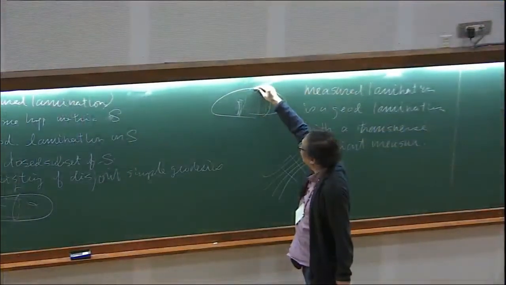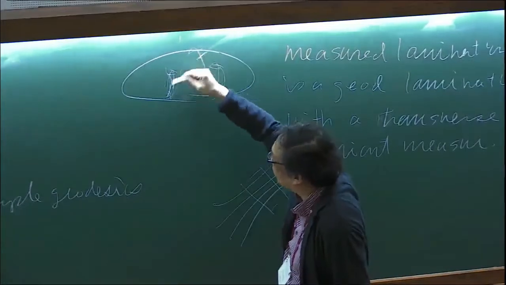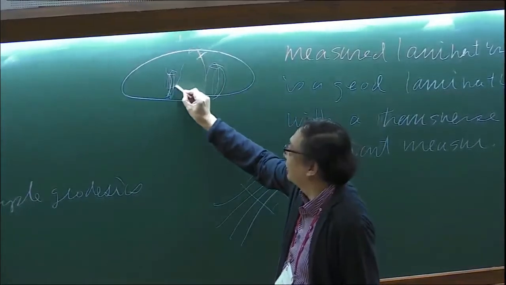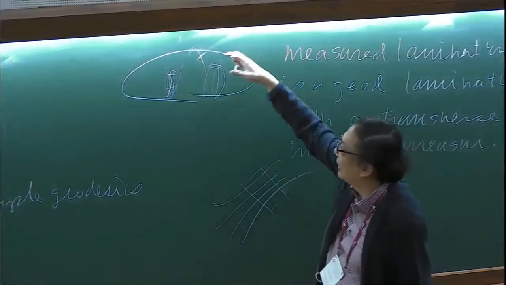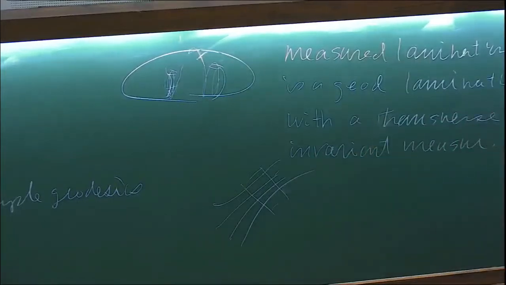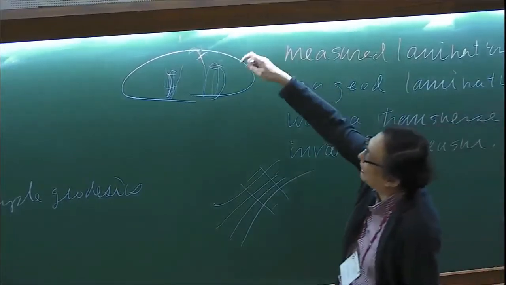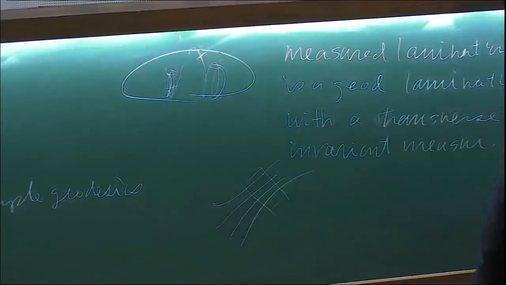But in this case, you cannot define a measure here, because if you put a Dirac measure there, then because the leaf spirals around, the measure diverges. So this type of leaf cannot be inside the support of the measure. To define the transverse measure, you have to remove such a leaf from the support.